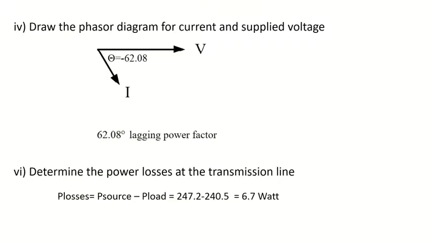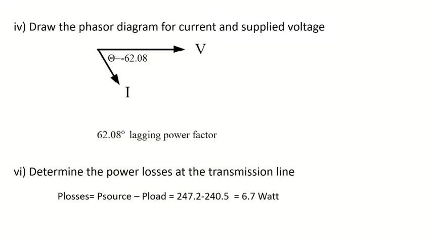The next one is for you to draw the phasor diagram for the supply current and supply voltage. We have the V here at 240 with 0 degree angle. The I that you calculated just now is 2.2 with minus 62.08, so the angle is minus 62.08.